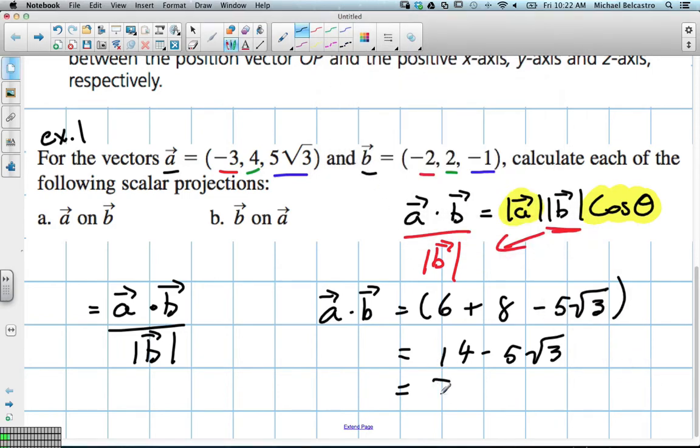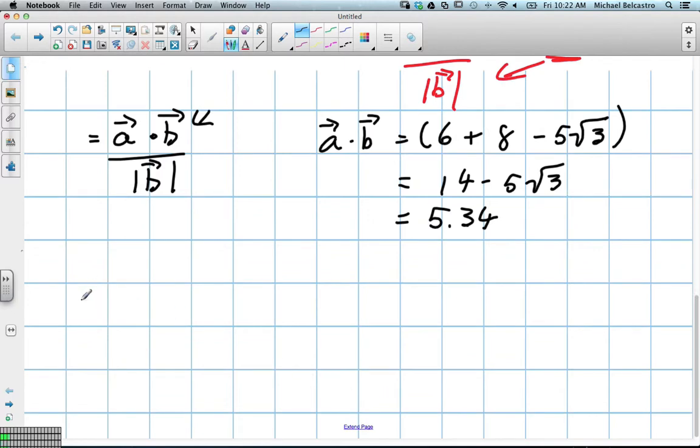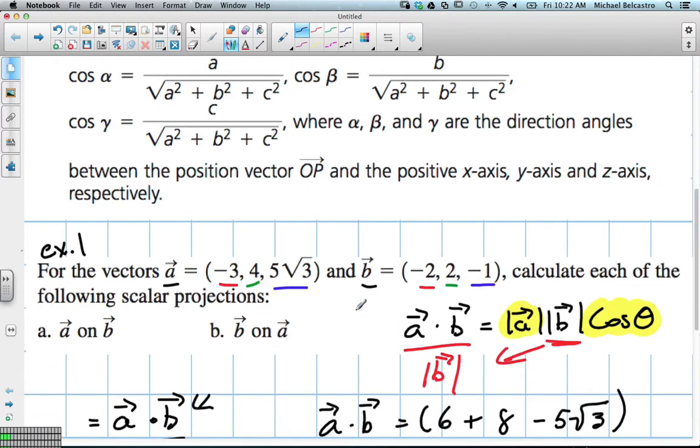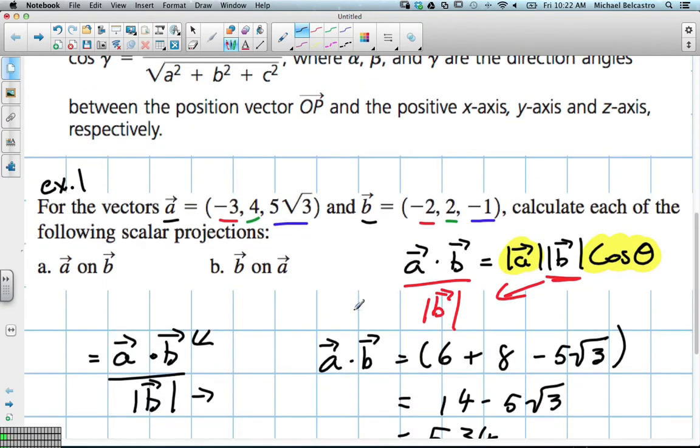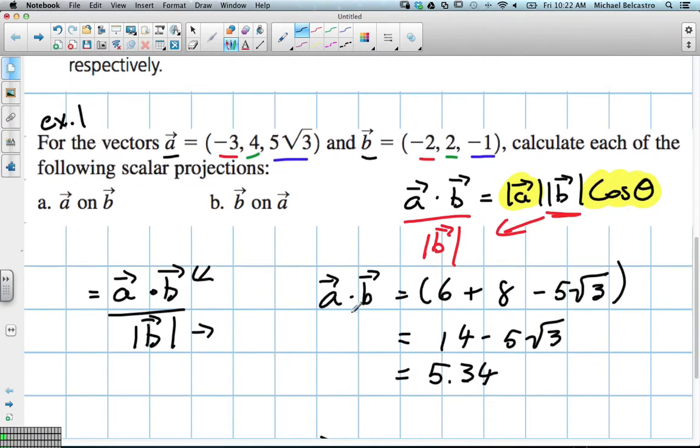Okay, 5.34 is our dot product for A and B. So that would be the value we'll have on the top of our formula, 5.34. The second thing we have to find is the magnitude of B. So I'm going to write down our vector B again, the coordinates of it, which were negative 2, negative 2, 2, and 1.